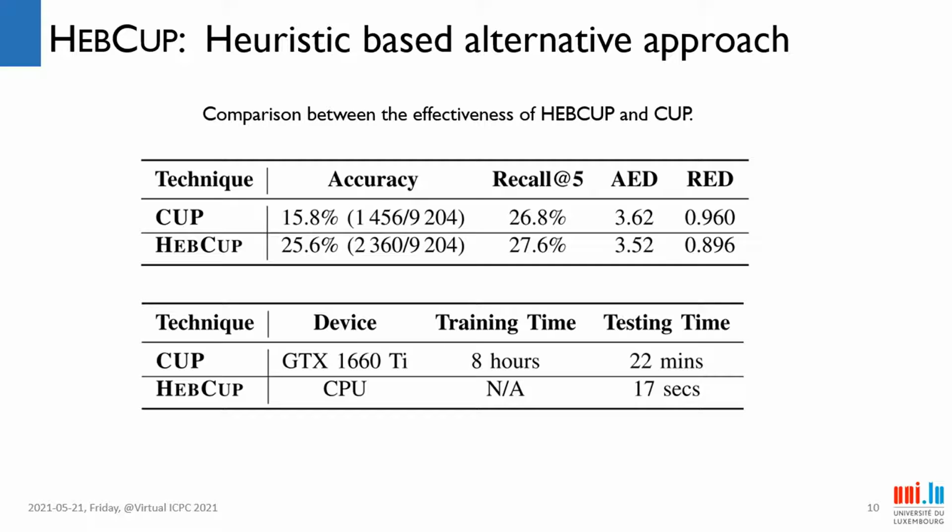The RED value decreases to lower than 0.9, which indicates that it can better help developers reduce the manual effort on comment update. According to the second table, CUP spent more than 8 hours on training and testing, while HebCup only took 17 seconds to generate the updated comments. This means HebCup is more than 1700 times faster than CUP.